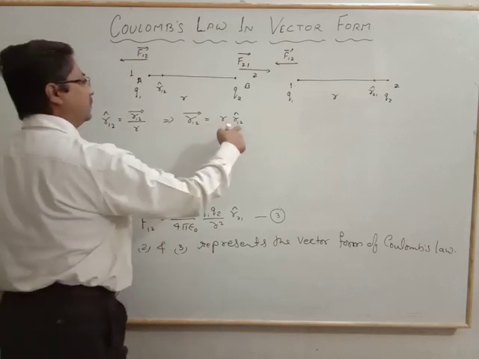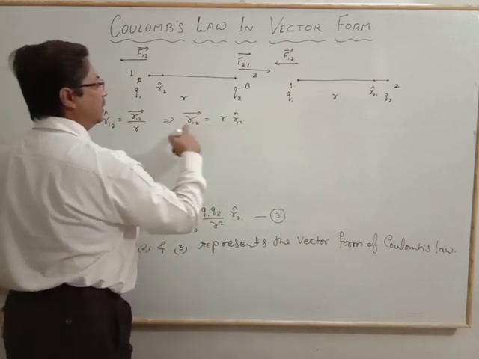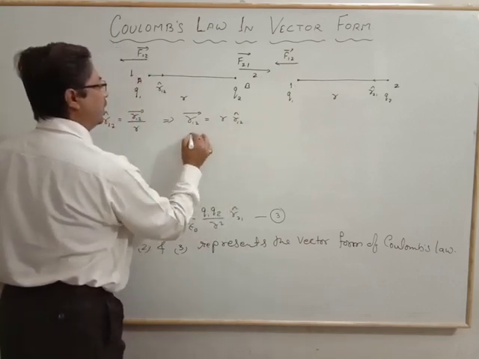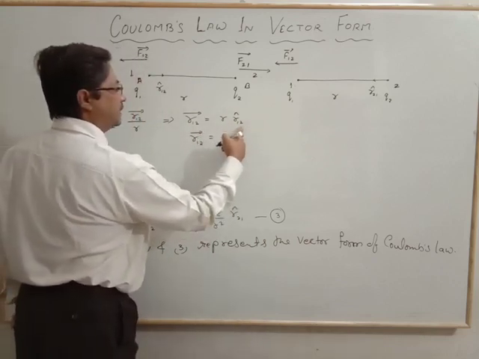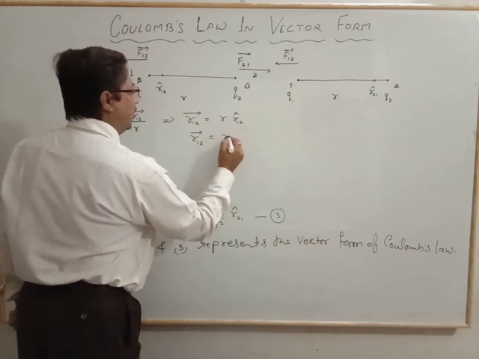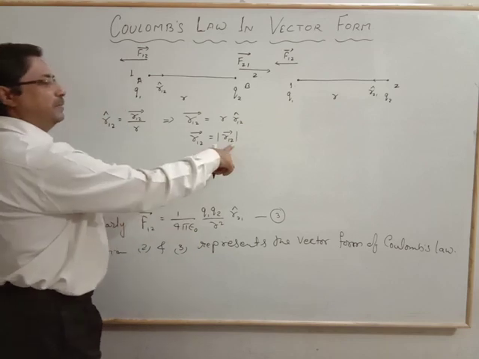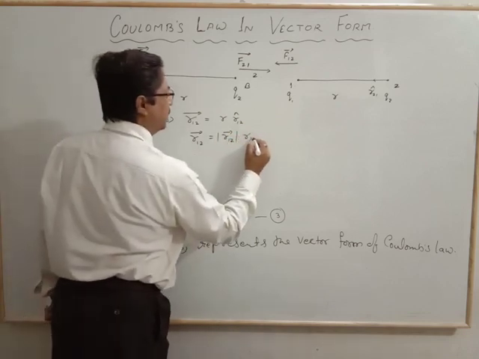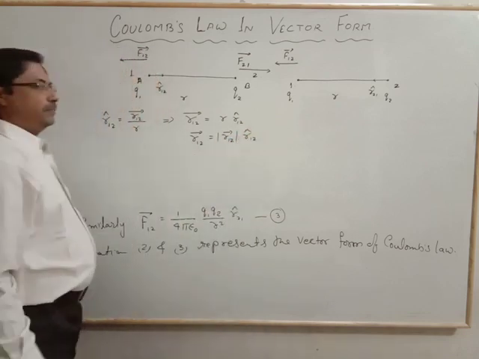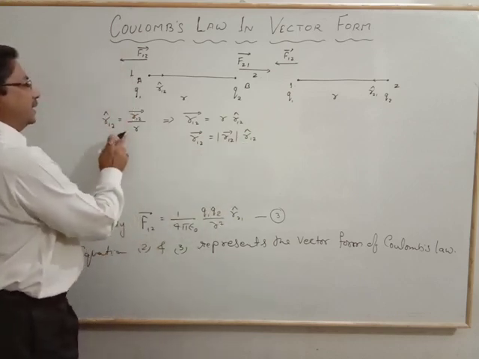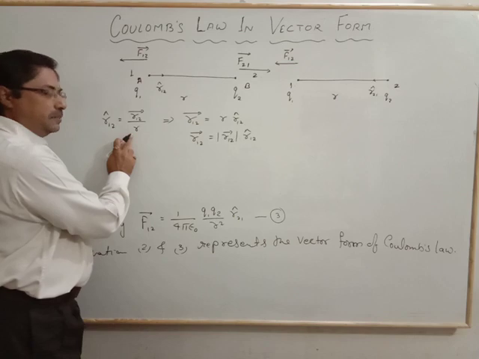The magnitude multiplied by the unit direction becomes the vector, or R12 vector is equal to the mod of R12 vector, which is the magnitude, times the unit vector. So this unit vector may be represented as the position vector divided by its magnitude.